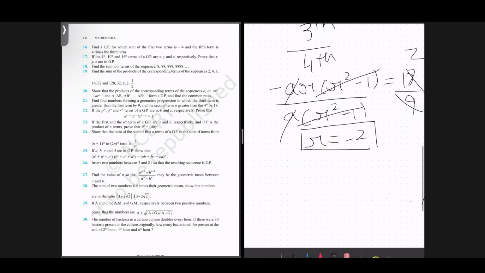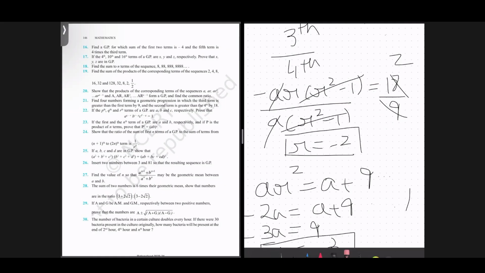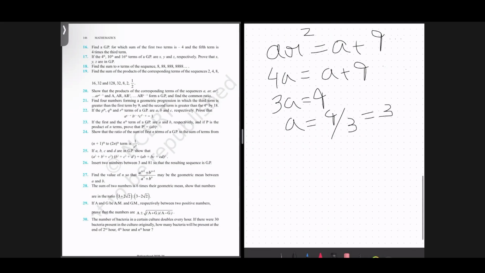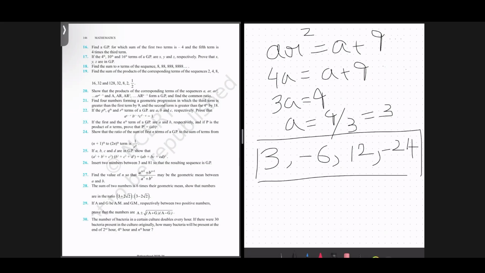The equation is ar square equal to a plus 9. Plugging in r equals minus 2, you have 4a equals a plus 9, 3a equals 9, a equals 3. So the four terms of the GP are 3, minus 6, 12, and minus 24, right? These are the four terms of the GP.